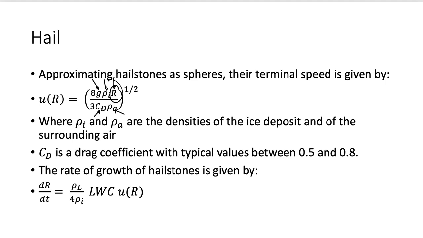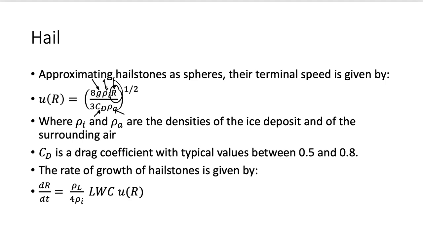Notice here I wrote rho of I. The density of ice can actually depend on the conditions at which the ice is formed. So this is something that can be variable depending on how hail is formed.